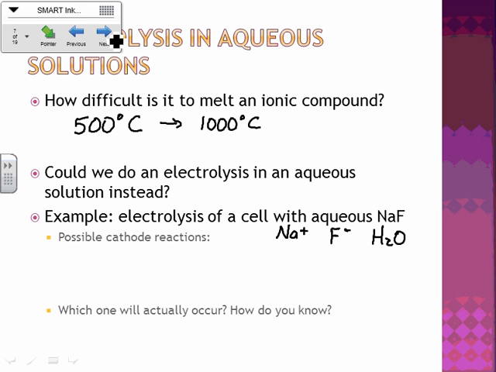And again, we're forcing the electrons in one direction here to try to reduce the sodium, okay? Remember, cathode is reduction, right? Red cat. The one we're wanting to reduce here is the sodium because we're trying to produce pure sodium, okay? So one of the cathode reactions could be Na plus an electron goes to Na.